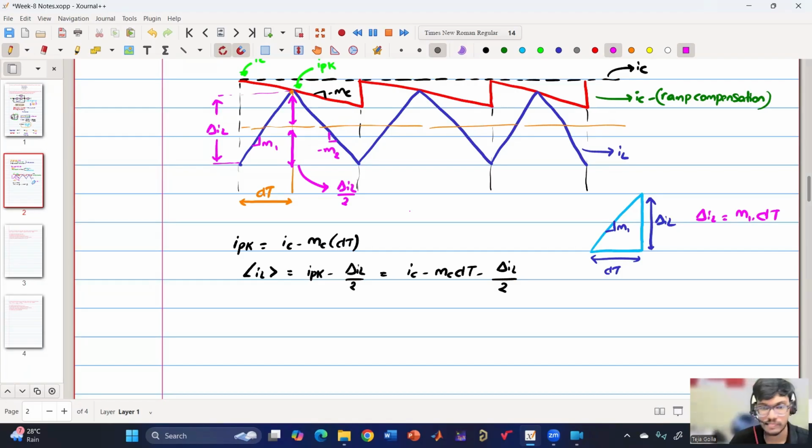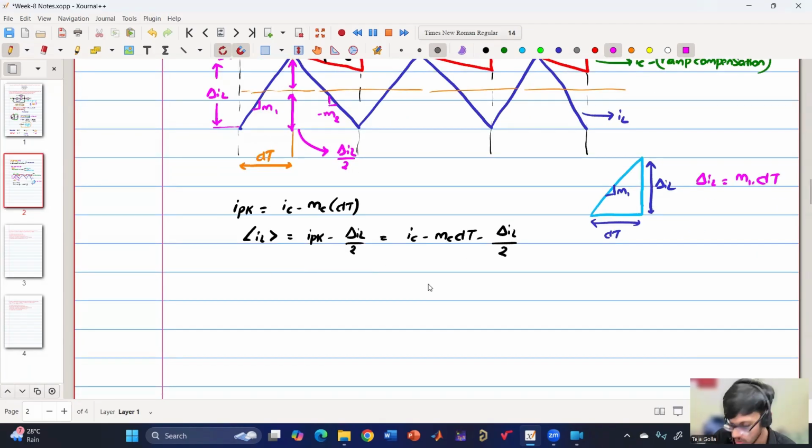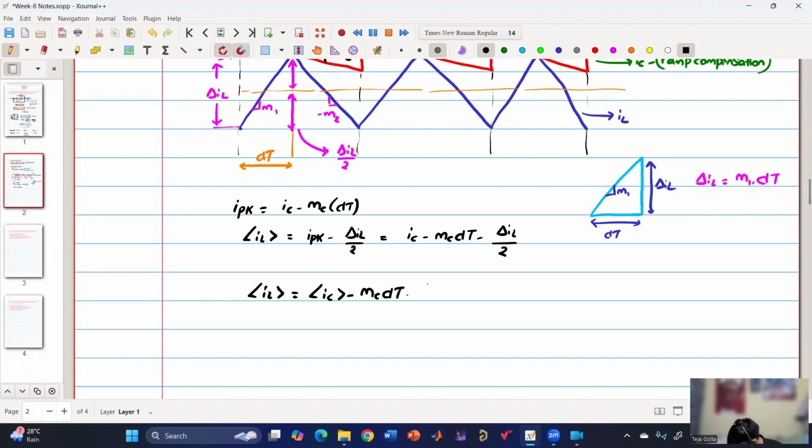Agree, everyone? Yes, sir. So now, if we do that, I'll get the final expression as average of IL, say IC is also like average, minus MC into dt minus M1 into dt by 2, right?